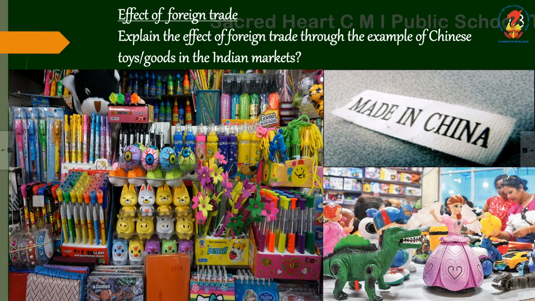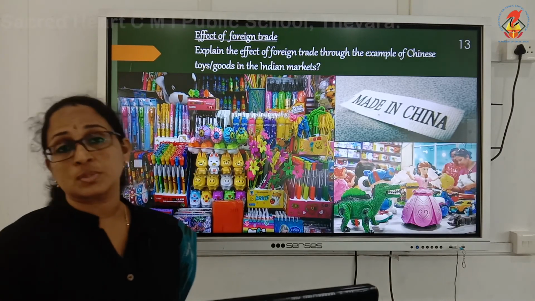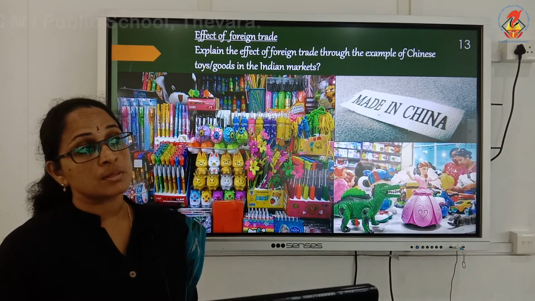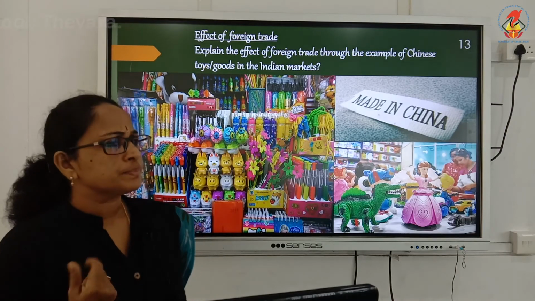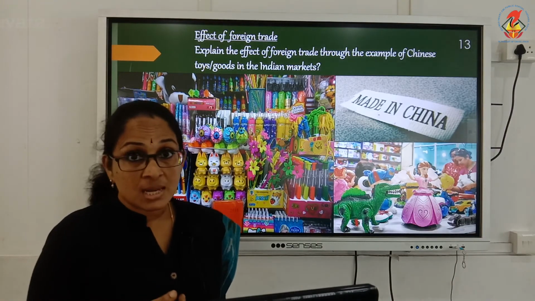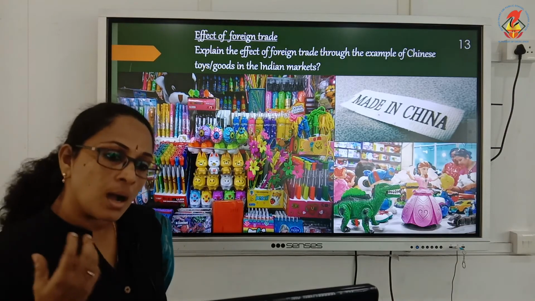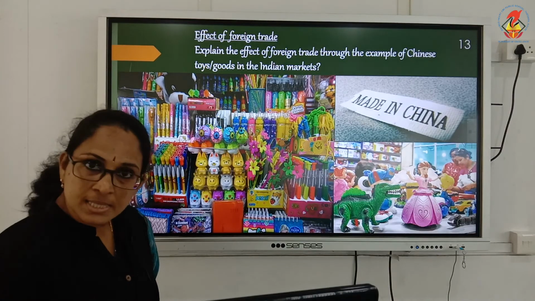Why do Chinese goods have more demand in India? Which are the main Chinese goods having high demand in India? Goods such as electronic goods, iron and steel, plastic, toys, all these goods have high demand in India.